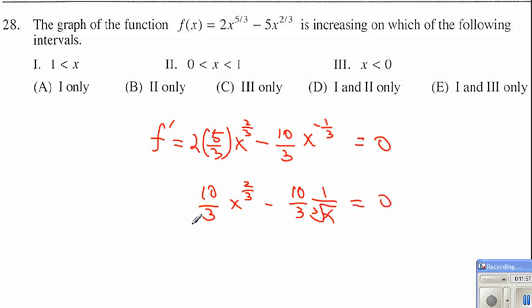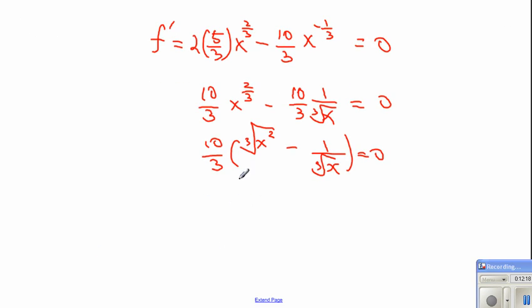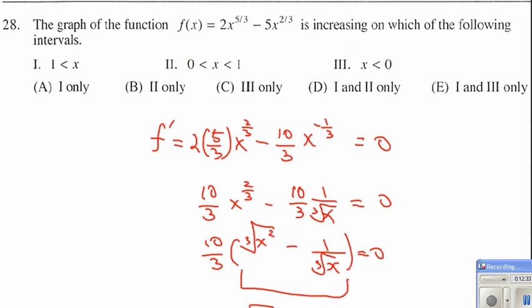Since the coefficient is common, if you factor out 10 over 3, we end up with the cube root of x squared minus 1 over the cube root of x equal to 0. If you bring this one over, the cube root of x squared becomes 1 over the cube root of x. Then by cross multiplication, we end up getting x equals simply 1. That's basically the borderline. Then what's actually happening?